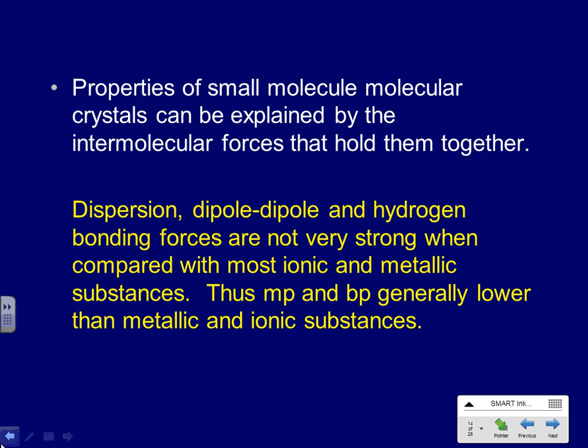Properties of small molecule molecular crystals can be explained by the intermolecular forces that hold them together. So if you're comparing melting points, and that's what we've come down to at the end of this unit, which one melts higher, which one melts lower, we've got to go back to our lessons on intermolecular forces. If I'm having you rank melting points or boiling points for a couple of molecules, you've got to go back to your lesson on intermolecular forces.